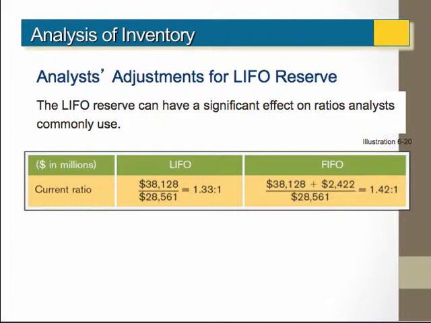When we take into account LIFO and we add the LIFO reserve into the current assets, the current ratio changes to 1.42 to 1. In other words, what we see here is that the current ratio would be higher if a company was using FIFO instead of LIFO. Now that could be significant to someone who's looking at either investing or lending money to a company.